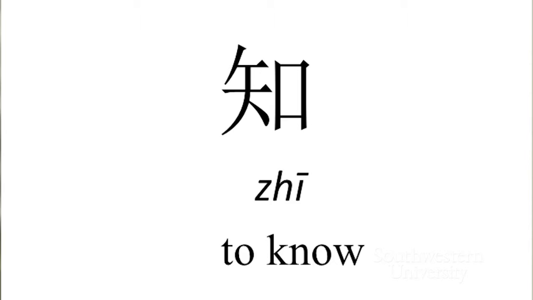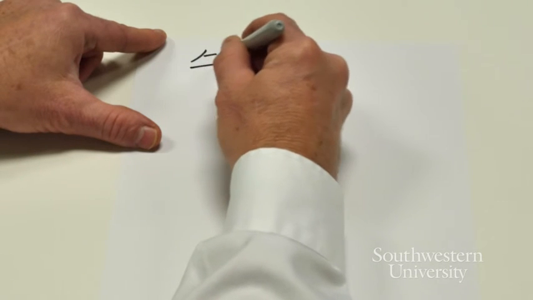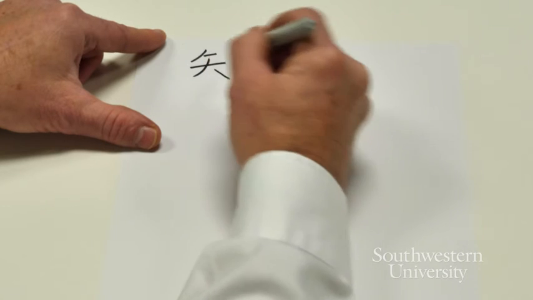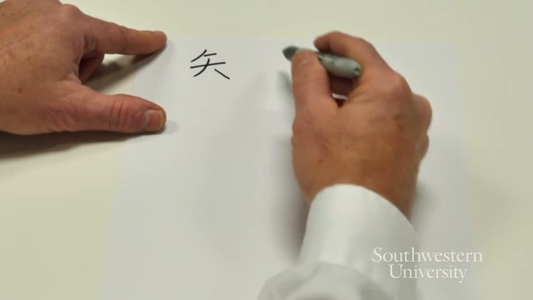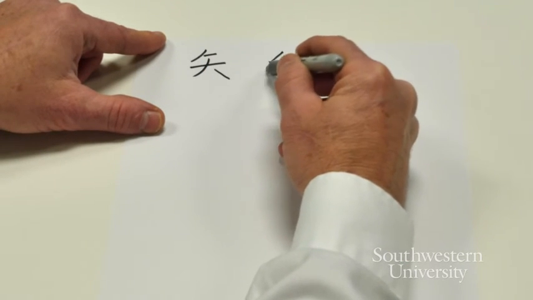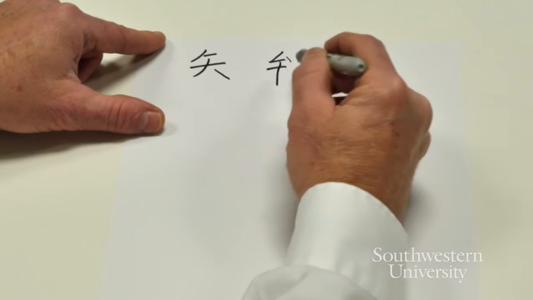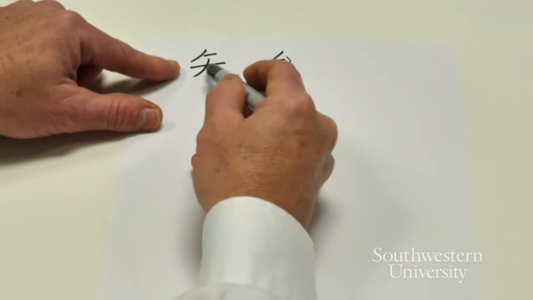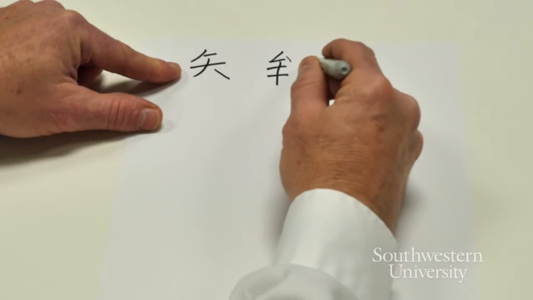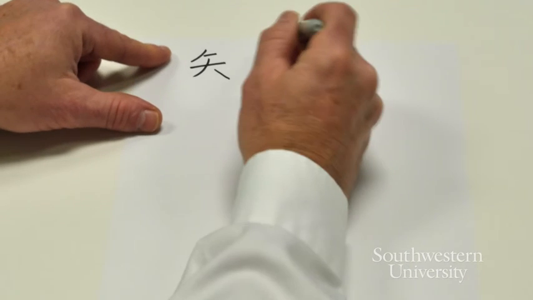Next character, zhi, to know something. The mouth radical on the left shows that you are using something just for the sound of it. This is a depiction of an arrow. And I think anciently it looked something like this. And I'm just guessing, of course.